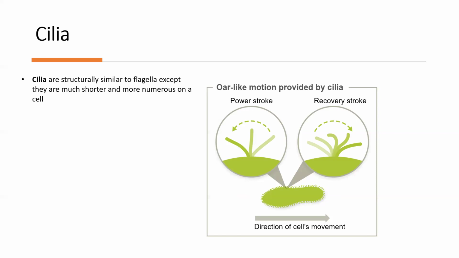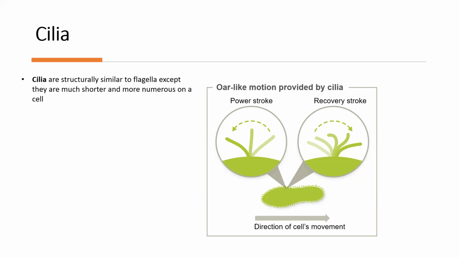All right. Another type of structure used for motility in eukaryotes is cilia. These are structures similar to flagella, but they're usually much smaller and more numerous. So there are a lot of cilia on individual cells. Another big difference is in how they move.